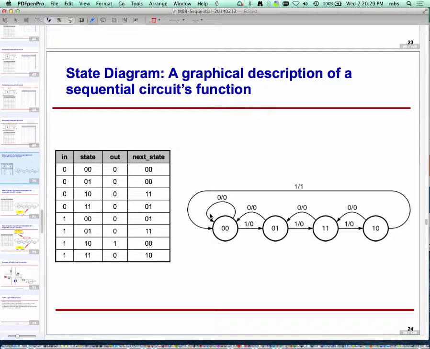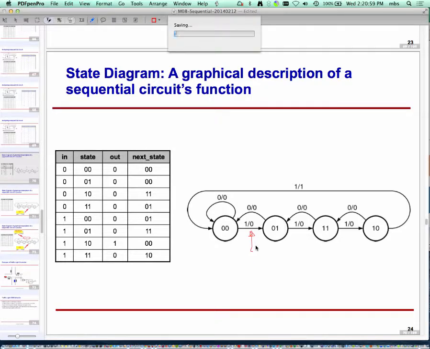In each edge, there are 2 things that we capture. Number 1, which state we are moving to. For example, this particular edge that we see out here is telling us a couple of different things. First, it's telling us that this edge goes from state 0, 0 to 0, 1. Second, it's telling us under what conditions we are going to take this transition.